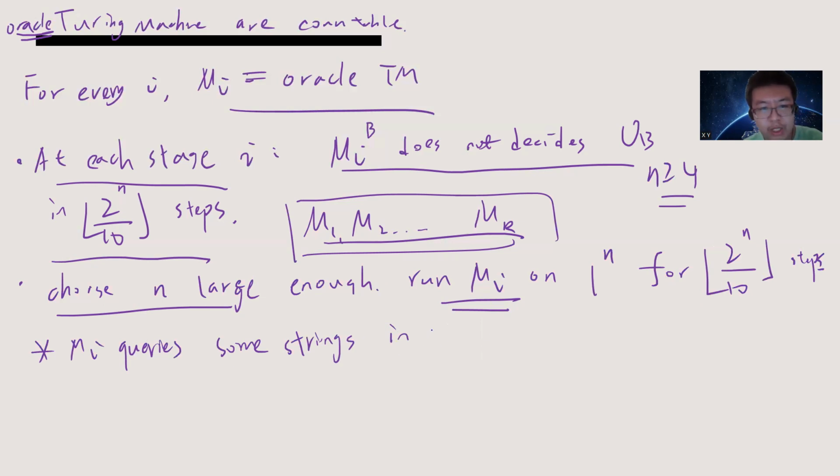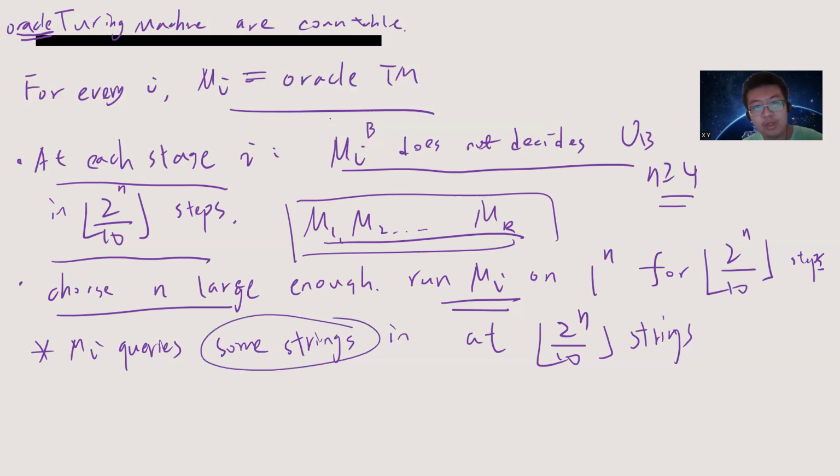But Mi can query at most 2^n divided by 10 strings. And we will make sure that whenever Mi queries a string of whatever length in these 2^n divided by 10 steps, we just say these strings do not belong to B.